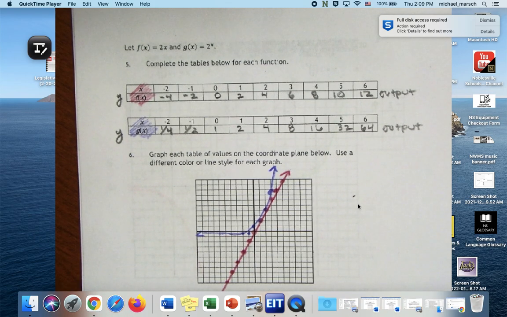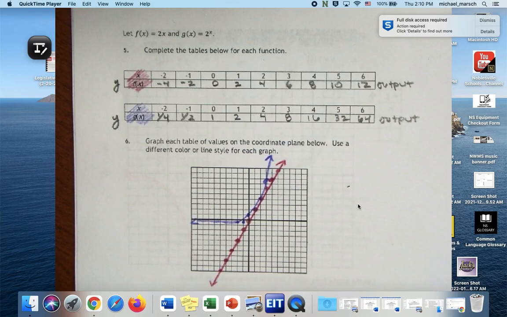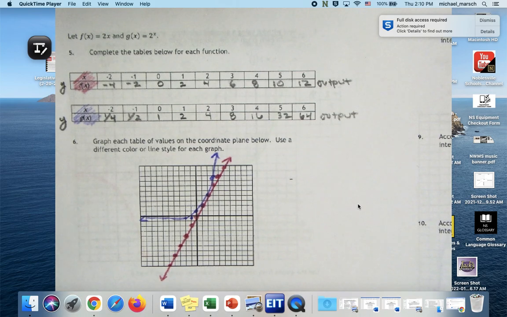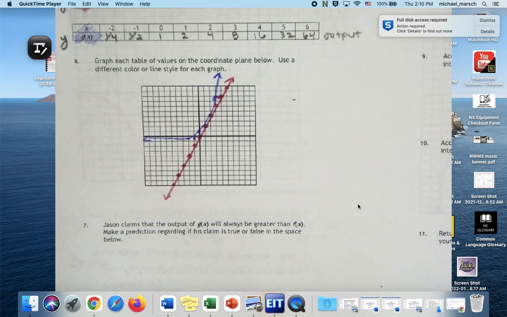Input, output, independent, dependent. Make a prediction regarding if his claim is true or false in the space below. So would the y values always be greater than for the purple line? True or false?